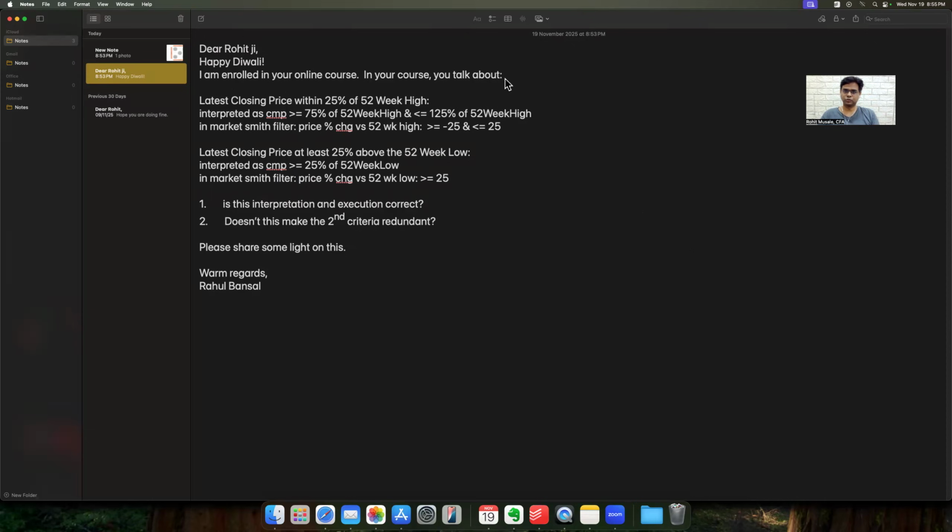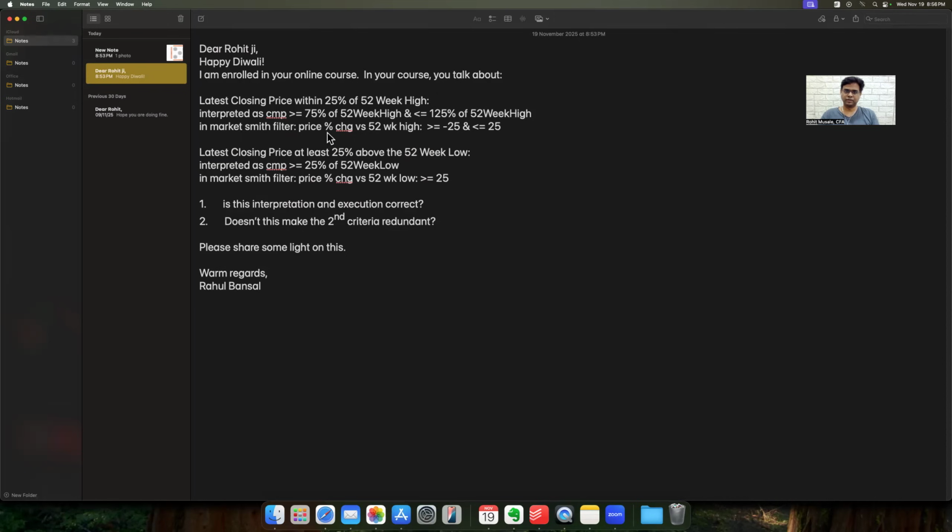In your course, you talk about latest closing price within 25% of 52-week high, interpreted as current market price greater than or equal to 75% of 52-week high and less than or equal to 125% of 52-week high.